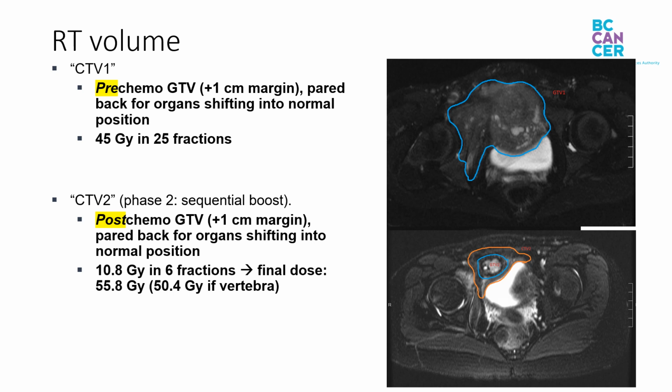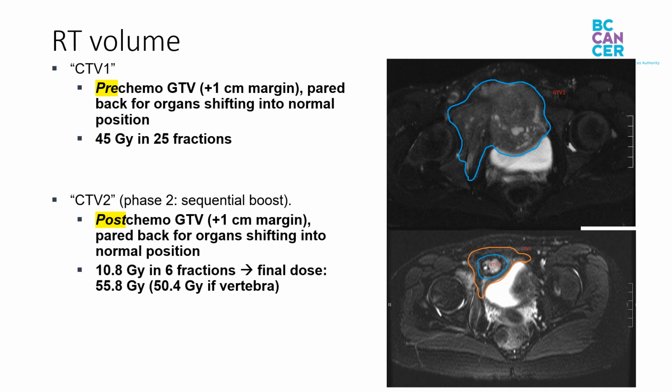CTV1 should include pre-chemotherapy GTV with 1 centimeter margin and paired back for organ shifting into normal position. So in this case, they would include things like the bladder, the rectum, or the obturator muscles. This disease should receive 45 gray in 25 fractions.